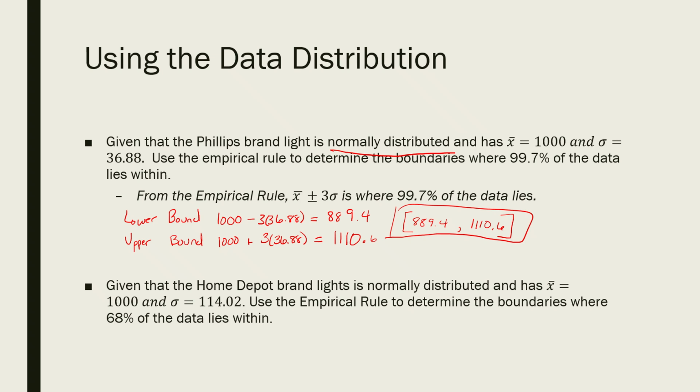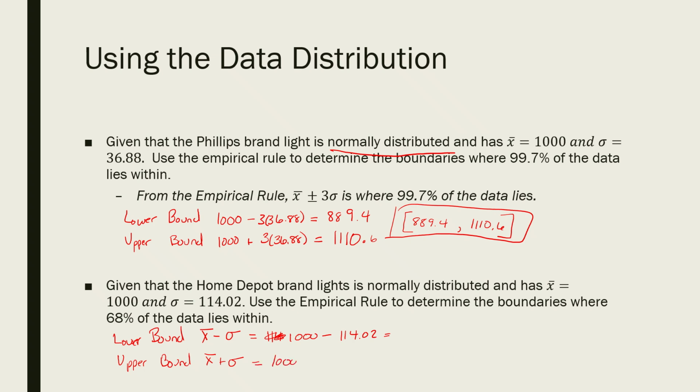So I have a lower bound. We know from the empirical rule that this is x bar minus sigma. So here I'm just doing 1,000 minus 114.02. And then my upper bound is x bar plus sigma.